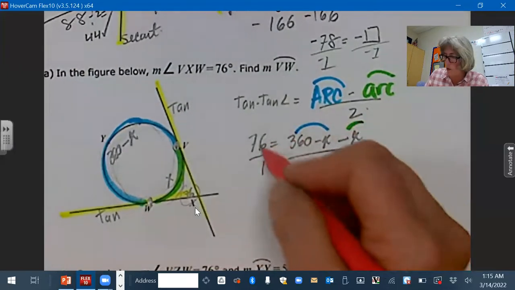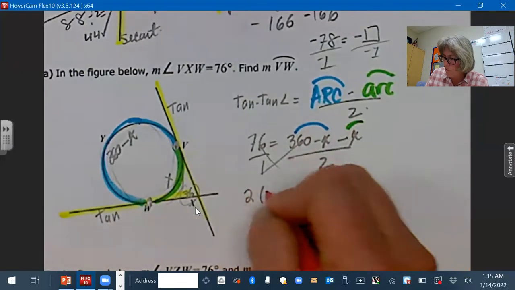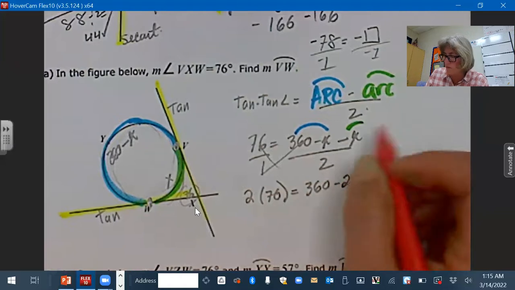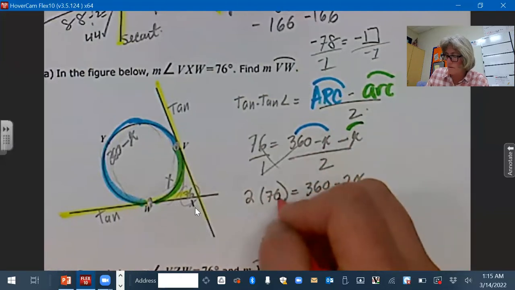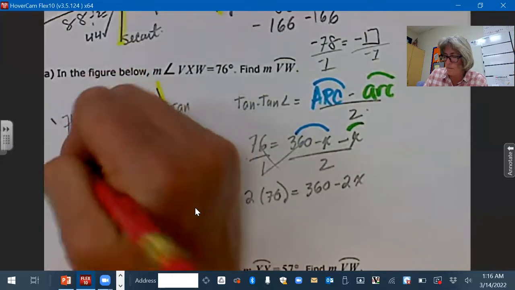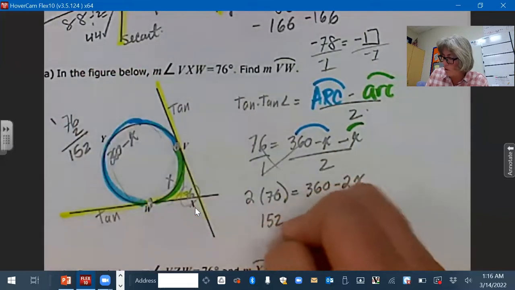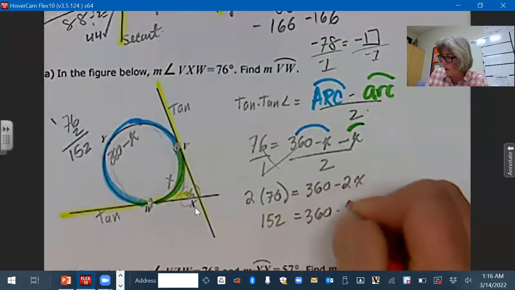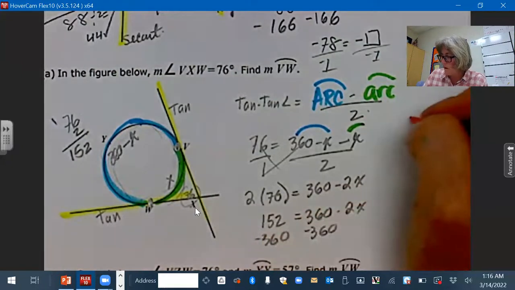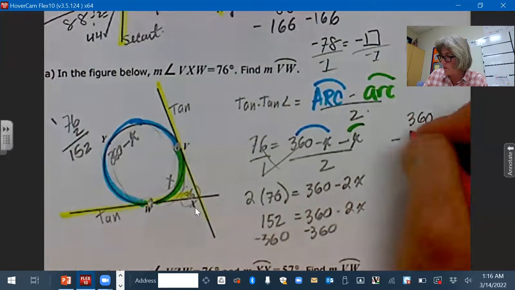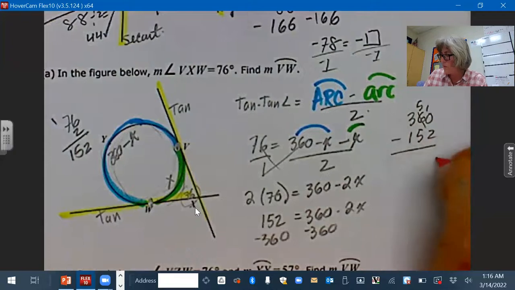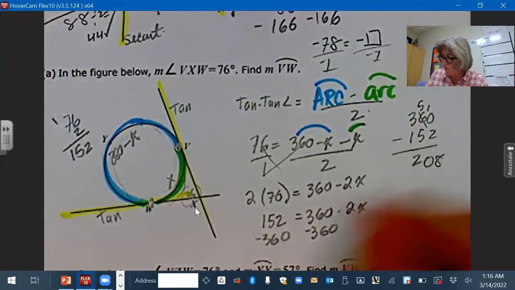We're going to cross multiply. I have 2 times 76 equals 360 minus 2x. 76 times 2. I have 152 equals 360 minus 2x. Minus 360. We get 360 minus 152, basically. We're going to borrow. We get 208.